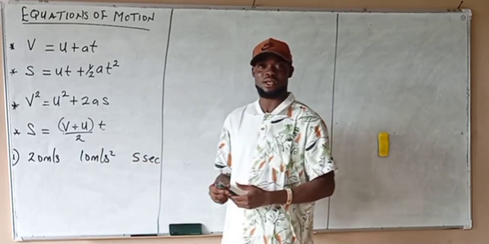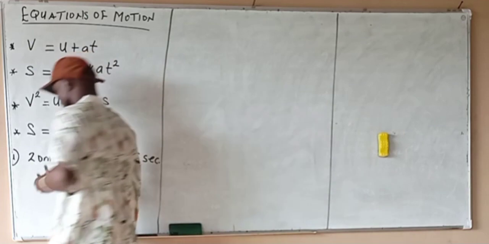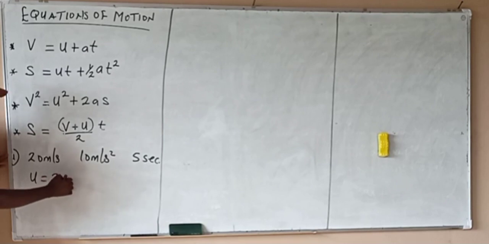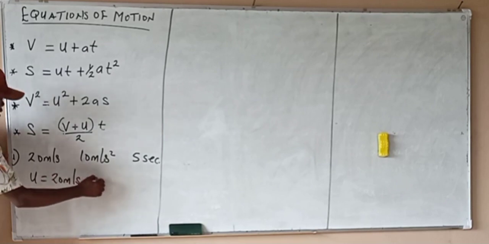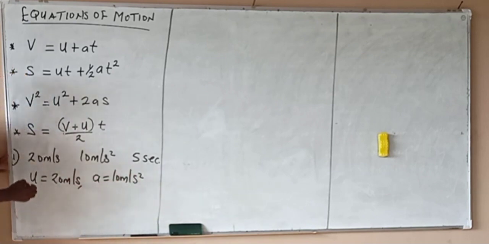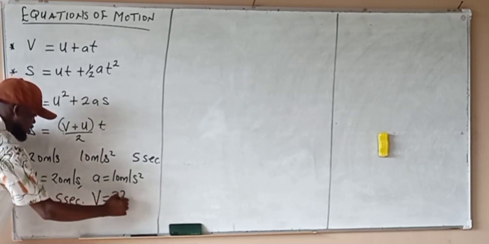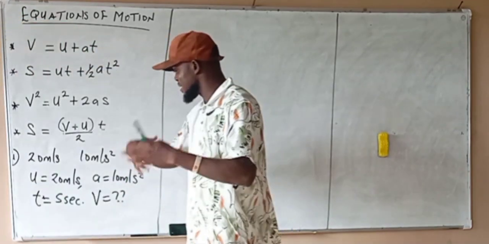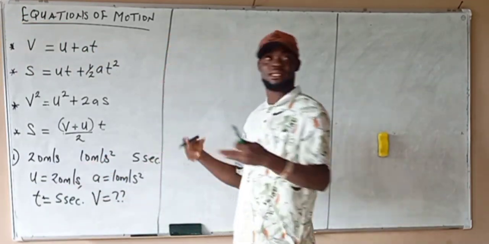Without wasting time, the initial velocity of this body was 20 meters per second. The acceleration is 10 meters per second square, and the time is 5 seconds. Then what will be the final velocity of this one? Now, check the equation of motion. What is the relationship between V, U, A, and T?